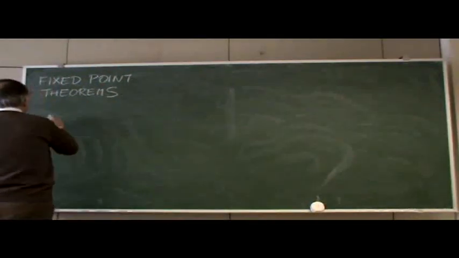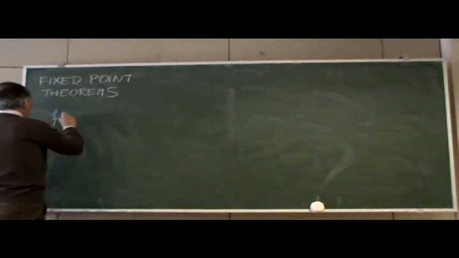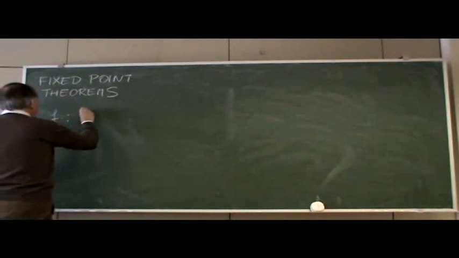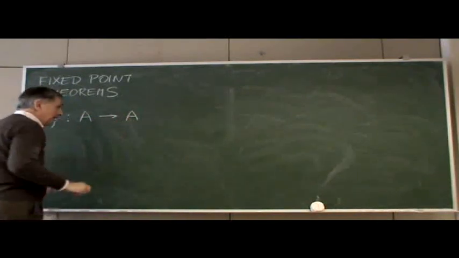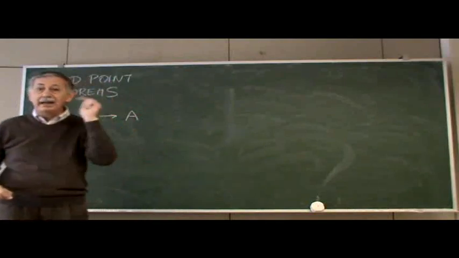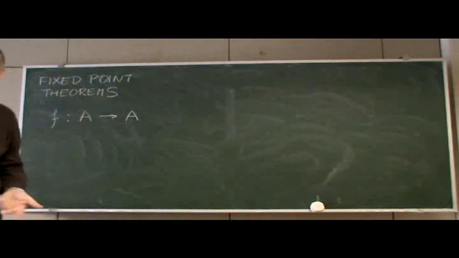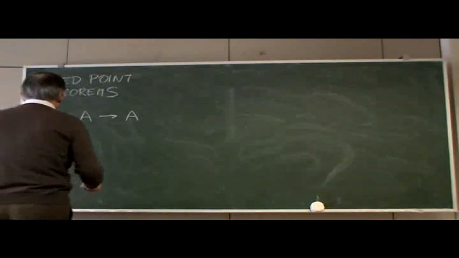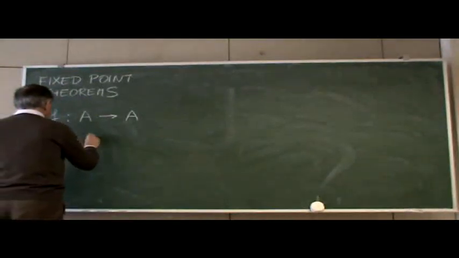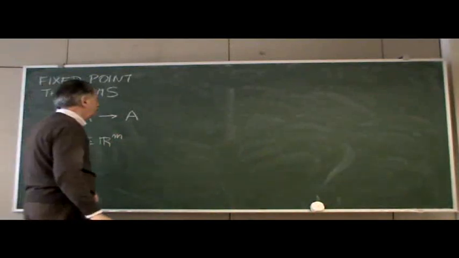Consider a function f, a function in the traditional sense, which is defined in a certain set A and, pay attention, takes values in the same set A. It is a transformation, so to speak, of A into itself, where A is a subset of the n-dimensional Euclidean space.